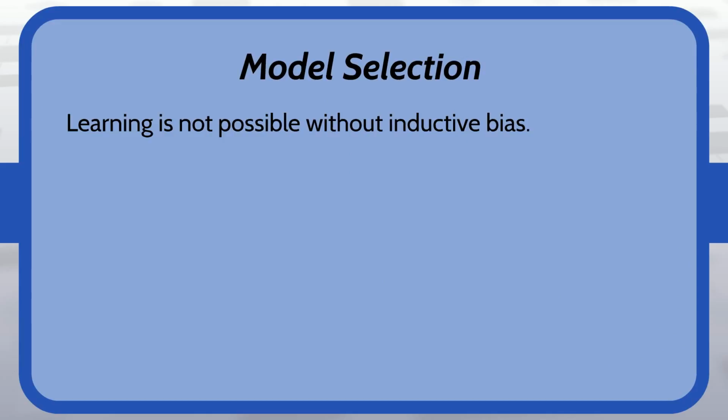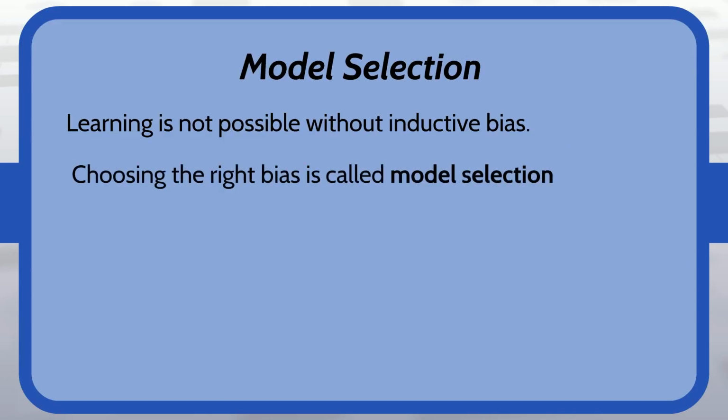So learning is not possible without inductive bias, but choosing the right amount of inductive bias is what we call model selection. Because the question really is, how do we choose the right bias, and what is that going to give us? This is model selection, which in other words is just choosing between the possible hypothesis classes.